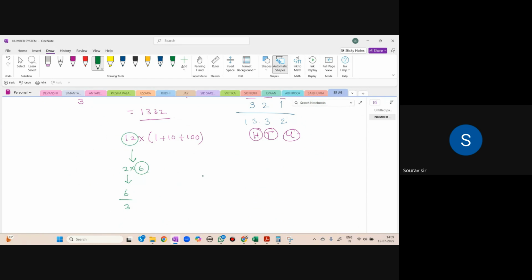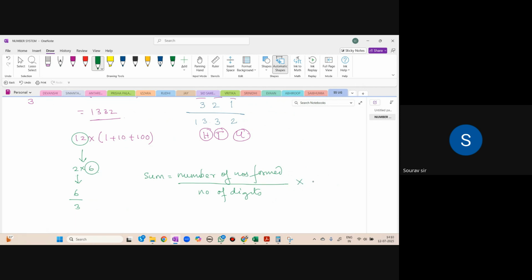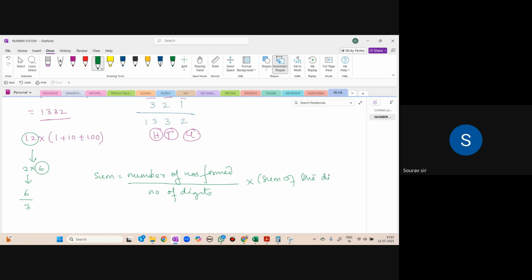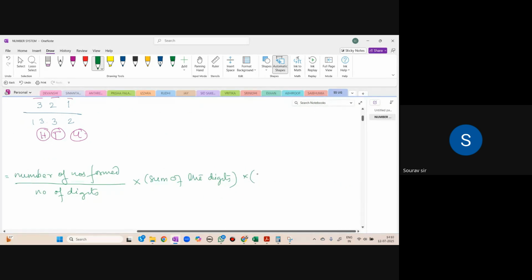So the total sum will be given by the number of numbers formed, divided by the number of digits, multiplied by the sum of the digits, multiplied by 10 to the power 0 plus 10 to the power 1 plus 10 to the power 2, up to 10 to the power n minus 1.